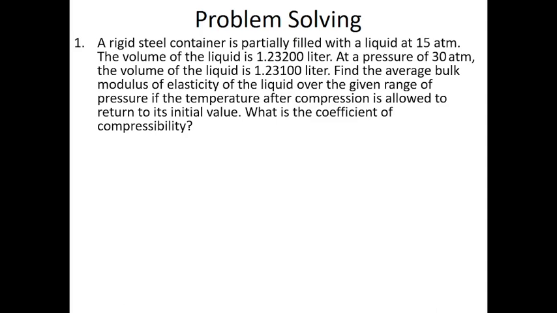Find the average bulk modulus of elasticity of the liquid over the given range of pressure, if the temperature after compression is allowed to return to its initial value. What is the coefficient of compressibility? So, there are two questions: the bulk modulus of elasticity and the coefficient of compressibility.